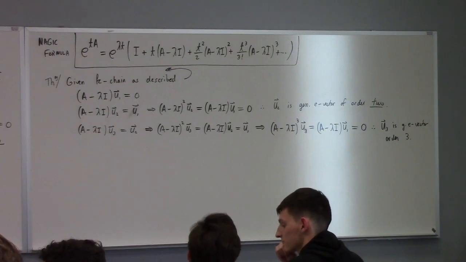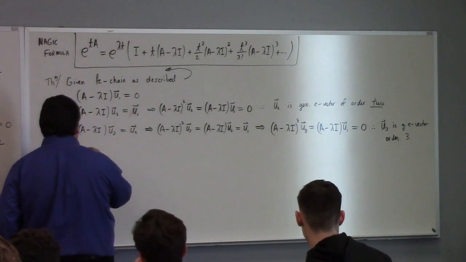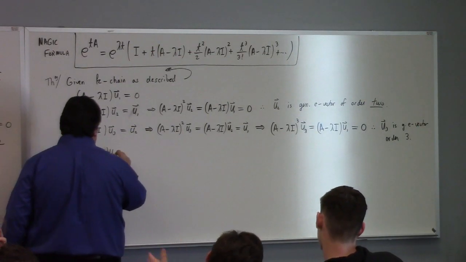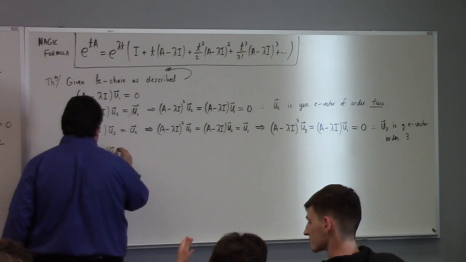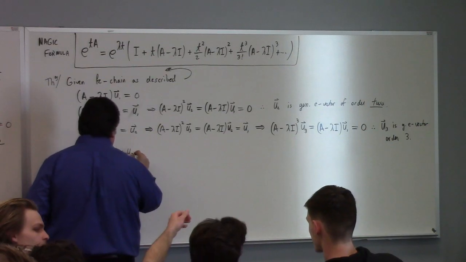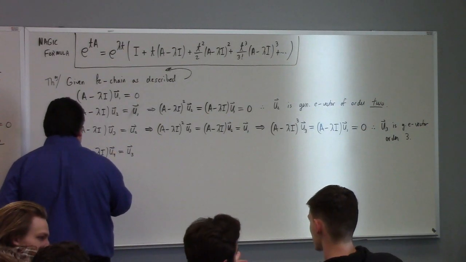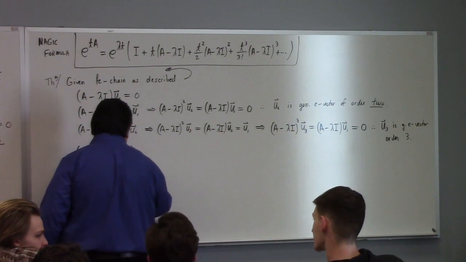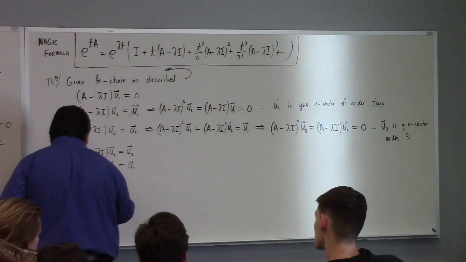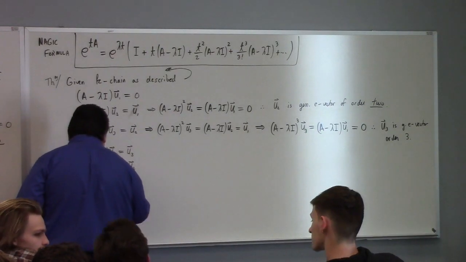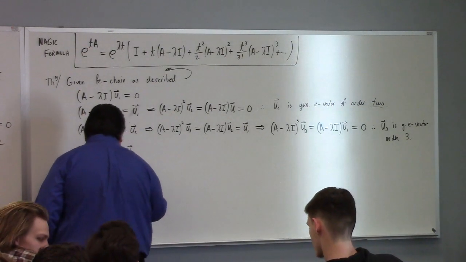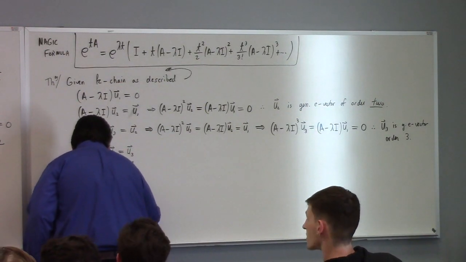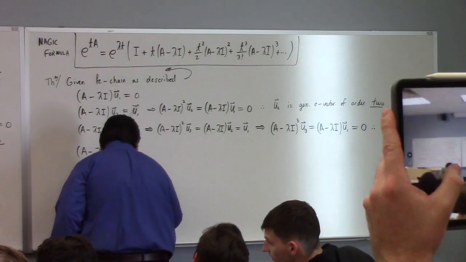There you go. So if we work this out, next up we'd have (A minus lambda I) u4 equals u3, (A minus lambda I) squared on u4 is u2, (A minus lambda I) cubed on u4 is equal to u1, and finally (A minus lambda I) to the fourth power on u4 is equal to 0.